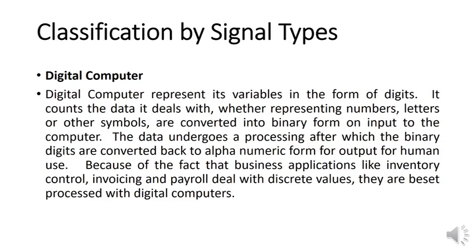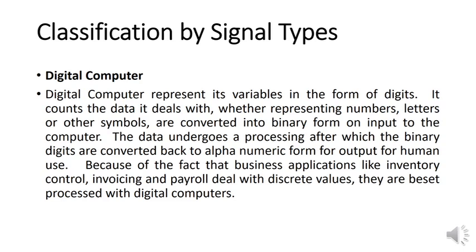It counts the data it deals with, whether representing numbers, letters, or other symbols, which are converted into binary form as inputs to the computer. That is why we always say that the language that the computer understands is 0 and 1. If you type in any letter or symbol, it will convert it to 0 and 1 for it to be able to understand it.